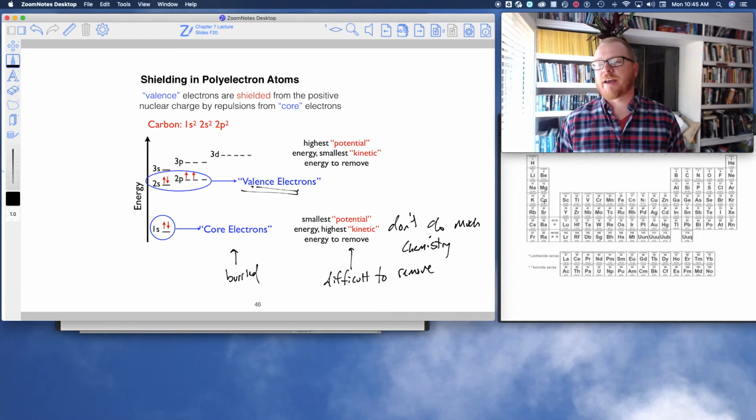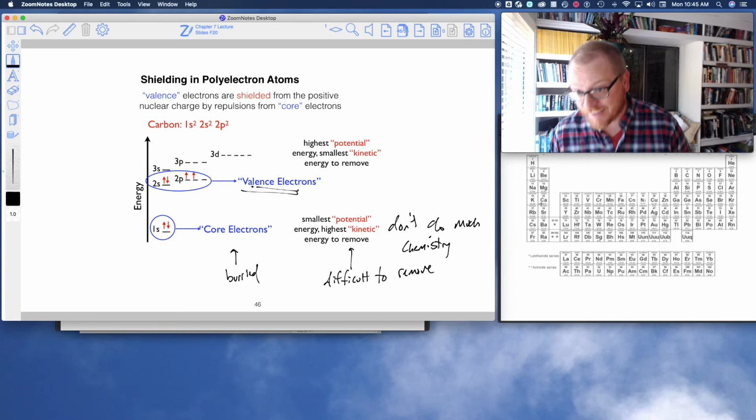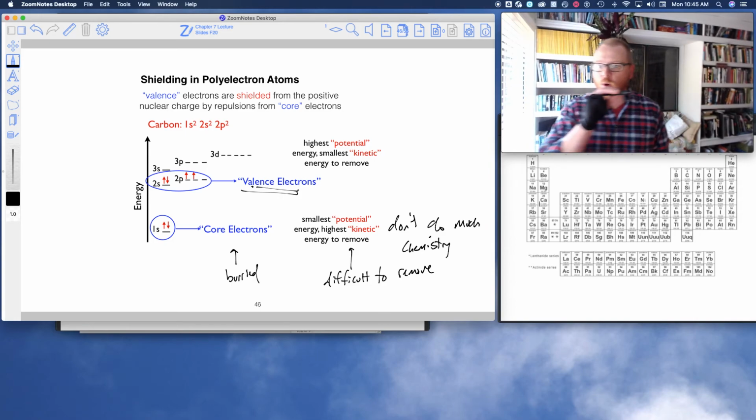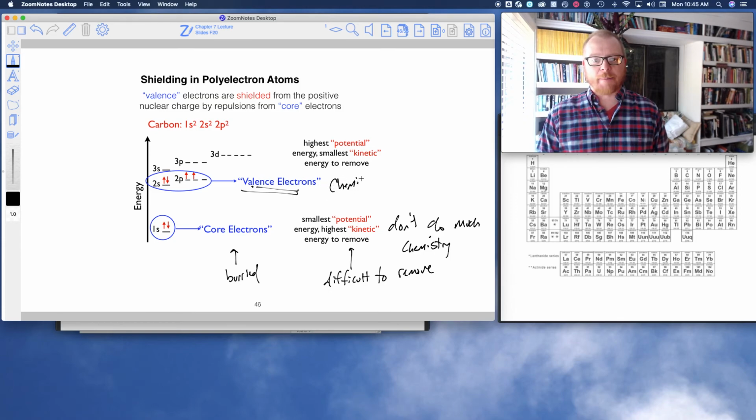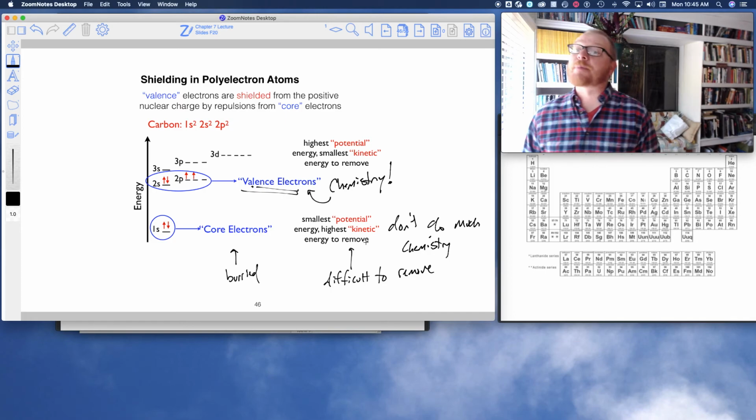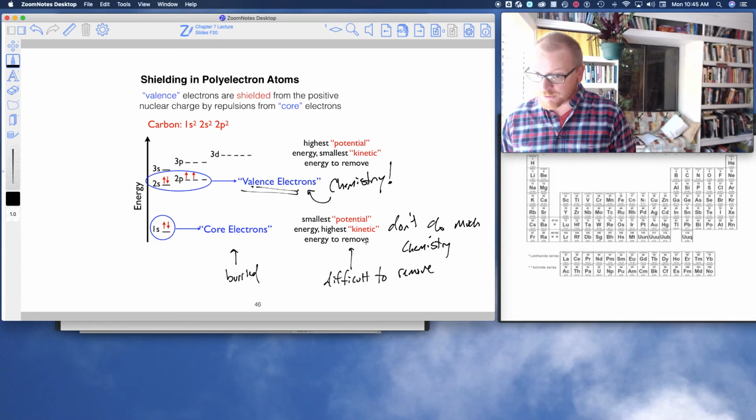Okay, so calcium's valence electrons are 1s, 2s, 3s. So calcium only has 4s valence electrons. So it's whatever that last row is makes up the valence electrons. This is where chemistry happens. Chemistry happens with the valence electrons, okay?